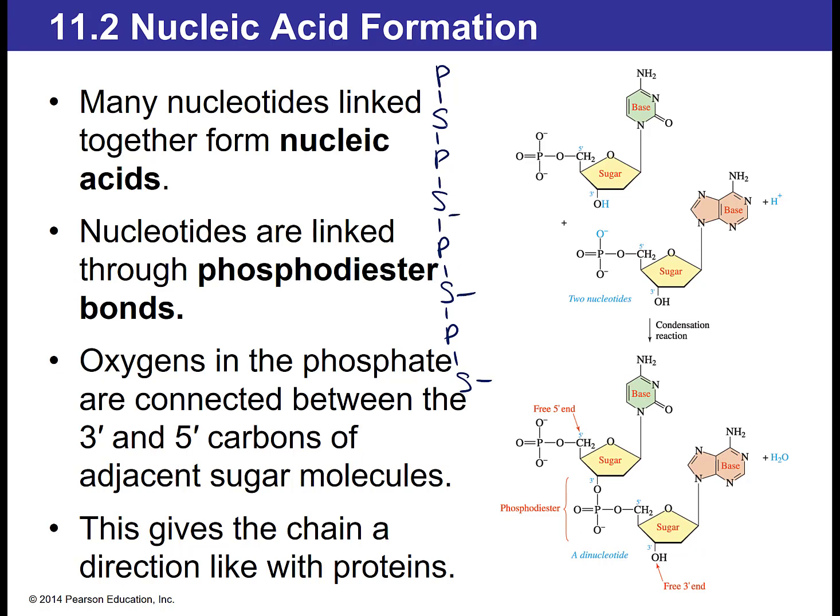And always extending off of the sugar all the way down the chain, you'll have some type of base that sticks off. It might be an adenine, it might be a thymine, it might be a guanine, it might be a cytosine, but it's always one of those organic bases. This is considered the backbone. That's considered the chain. And the base is what makes the sequence of the nucleic acid.